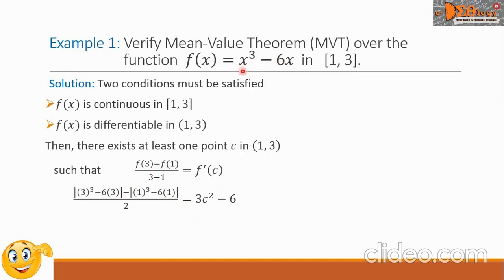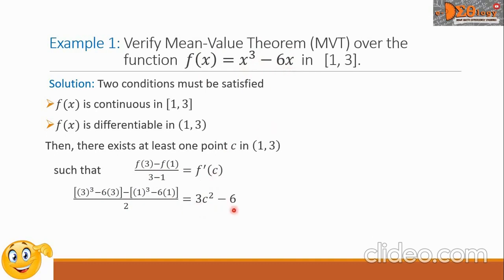We will take the derivative of this function and we will substitute the value c for every x on the right side. So derivative here is 3x squared. So we write here 3c squared minus the derivative of 6x is 6.